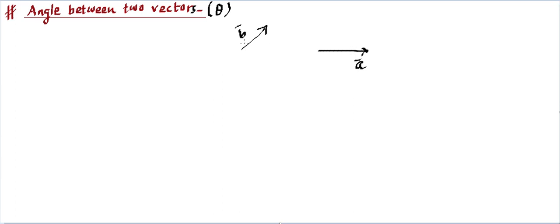We will join this vector in such a way that the tails of the two vectors are joined together. So we can place this vector B over here without changing its magnitude or direction. If we are not changing the magnitude or direction, that means they are going to be equal vectors. So this B vector has been placed over here. So this other vector is equal to B vector. Hence we are writing it as a B vector.